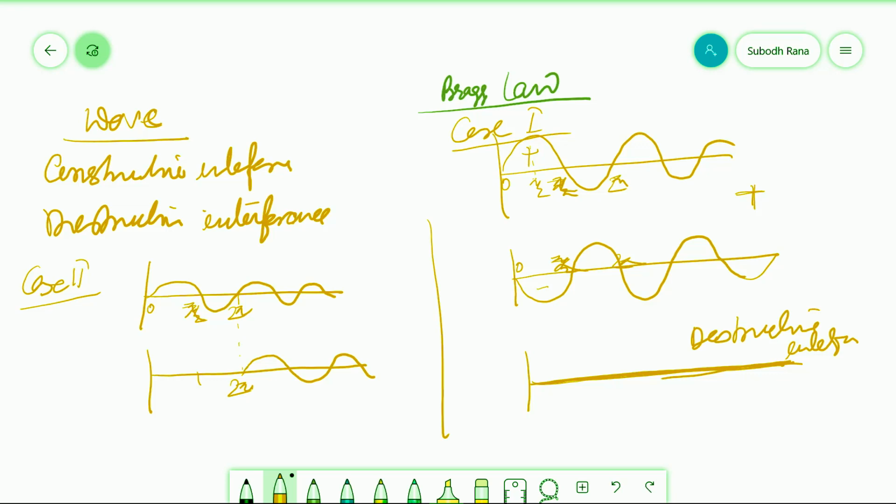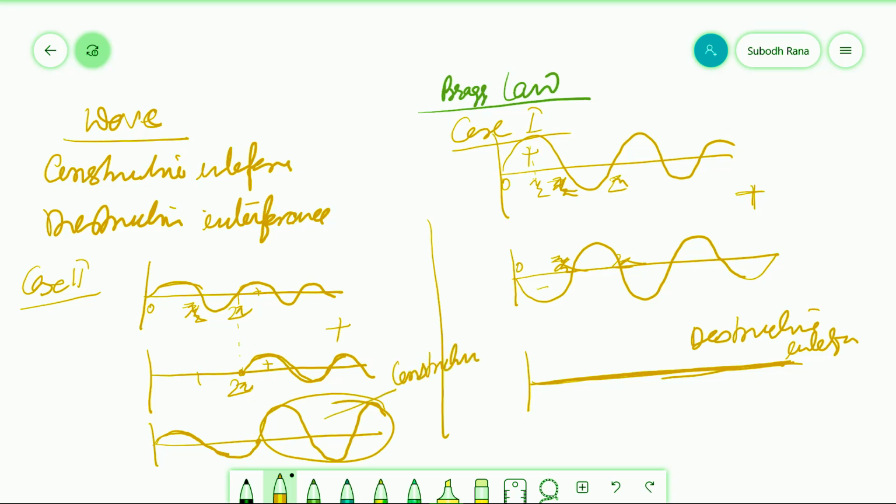This wave is generated from this position, so if these two are mixed, what will happen? Some amplitude will be there up to this position, and at this position plus and plus will be added, and there will be a rise in the amplitude. In the negative also there will be a rise, and in the positive there will be a rise. This is nothing but constructive interference.